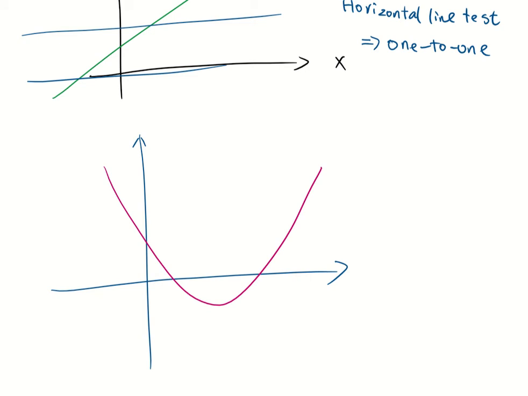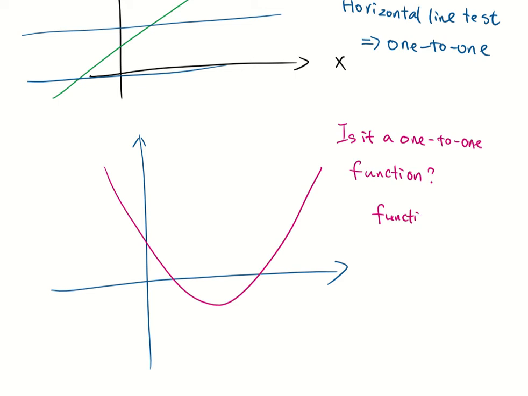I want to know if this graph represents a one-to-one function. First, we test if the graph is a function using the vertical line test. If you run a vertical line through the graph, you will find it passes the vertical line test. So it is a function.